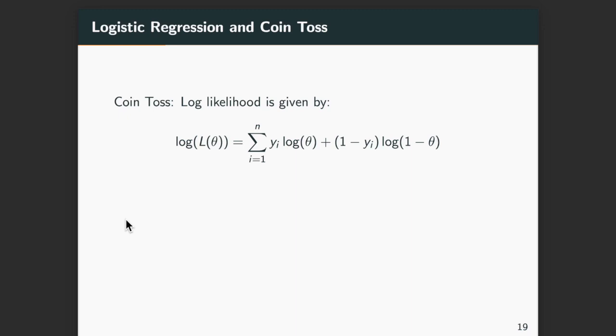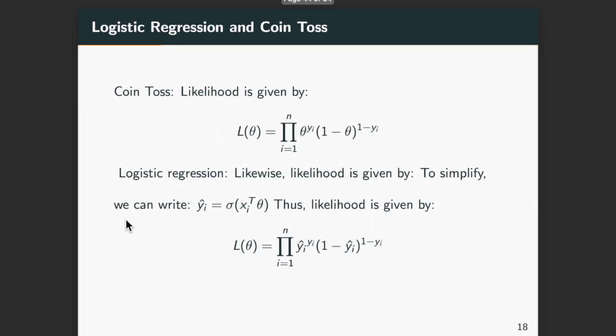Correspondingly, can you write down in your notebooks the log likelihood for logistic regression, just following this, but instead of using terms containing theta, use terms containing yi hat? Let me go back to the previous slide. First just note down this function L of theta for logistic regression, and then just take the log of this.